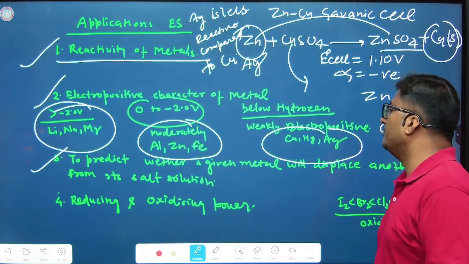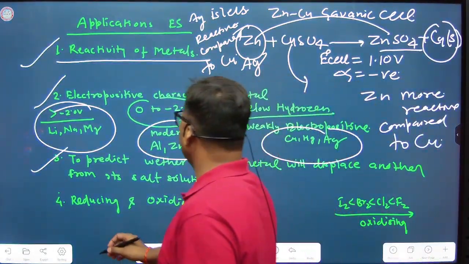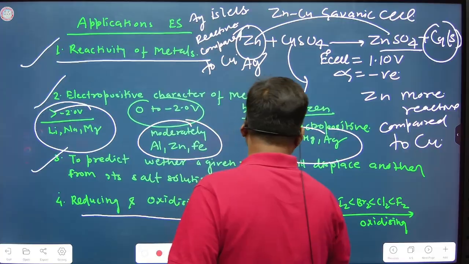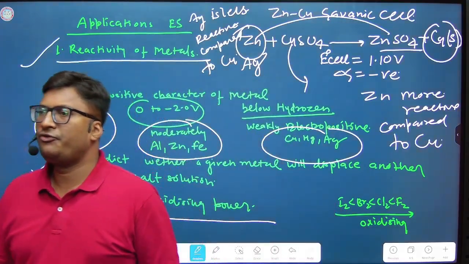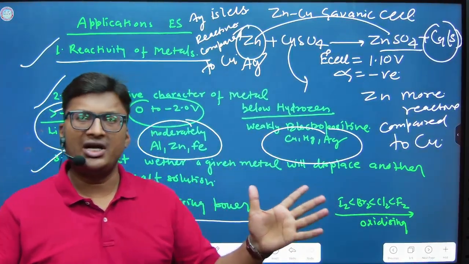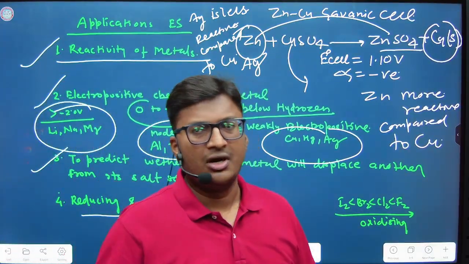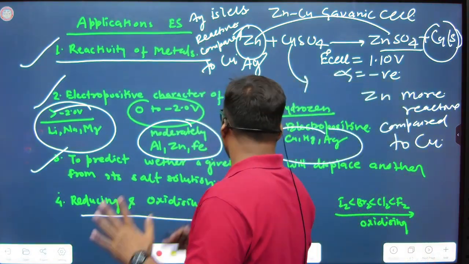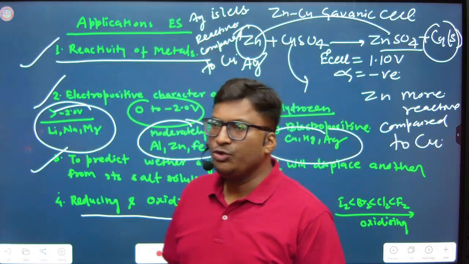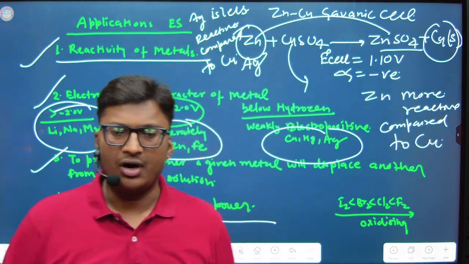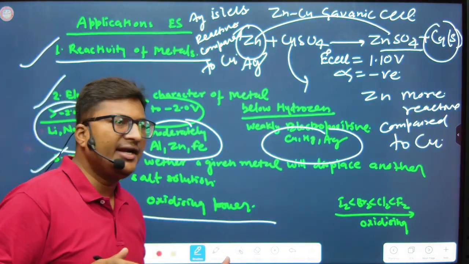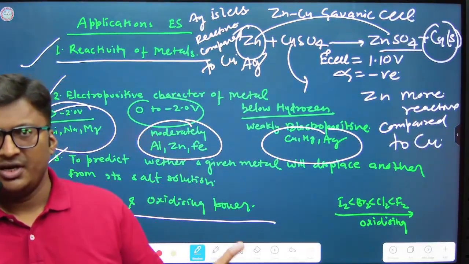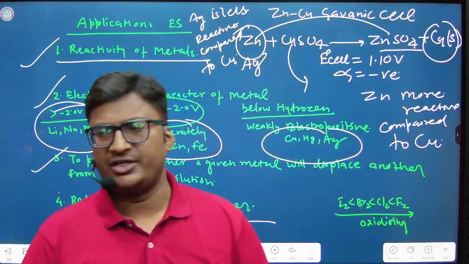Now the fourth point is the most important, right? That is the reducing and oxidizing power of elements in the electrochemical series. Now the question is, what is a reducing agent or what is an oxidizing agent? The reducing element is the element having a tendency to lose its valence electron, meaning it is getting oxidized, right?